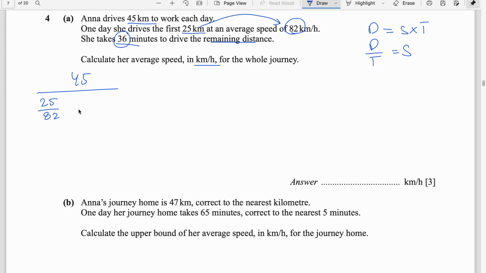Time for the second part is 36 minutes divided by 60, so you get it in hours. Use your calculator. If it gives answers in fraction, you're getting 18450 by 371 or approximately equal to 49.73.